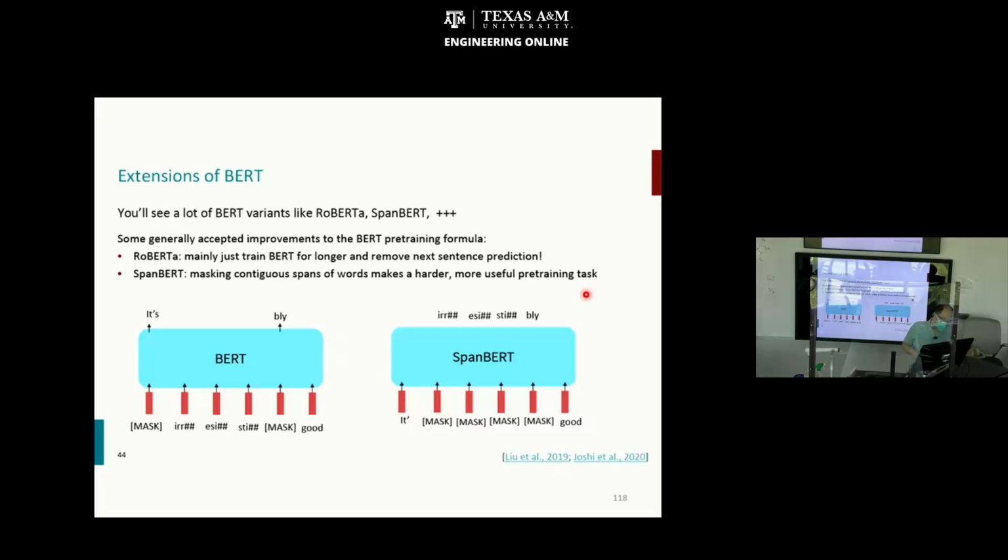And SpanBERT is when you're introducing the masks, they actually put a mask on contiguous spans of words. So this actually makes a harder and more useful pre-training task. This is actually utilized in protein sequence modeling as well. If you remember RGN, which was using the recurrent neural network to predict the protein structures from the input sequence, and I asked you last time that they have RGN version 2.